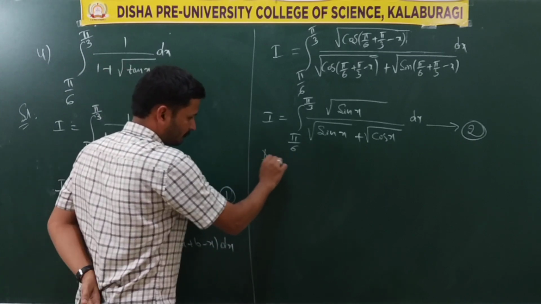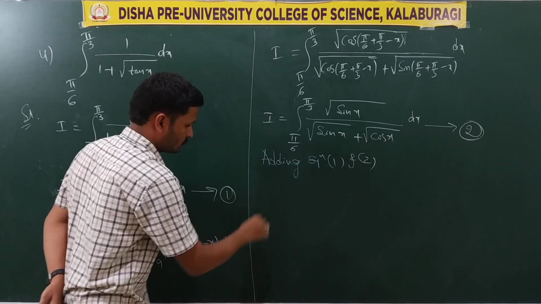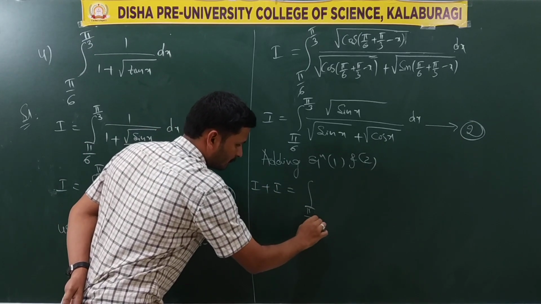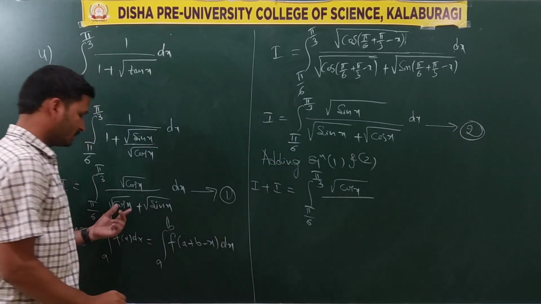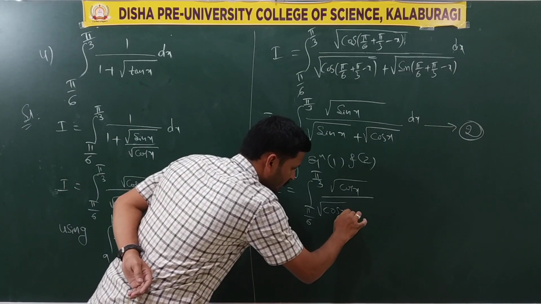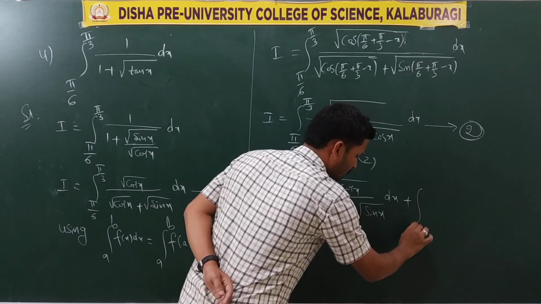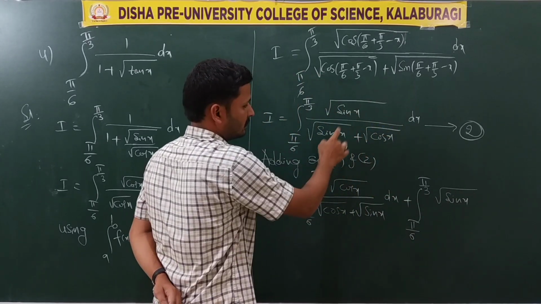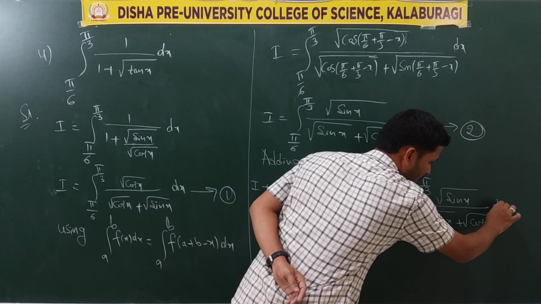So adding equation 1 and 2, I plus I is equal to the integral from pi by 6 to pi by 3 of square root of cos x divided by square root of cos x plus square root of sin x, into dx, plus the integral from pi by 6 to pi by 3 of square root of sin x divided by square root of sin x plus square root of cos x, into dx.